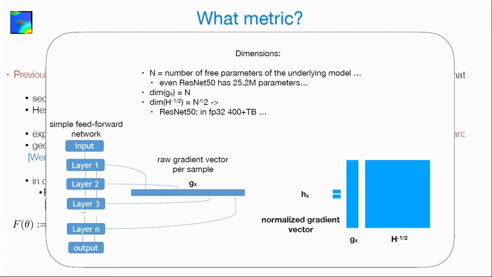So the ResNet 50, which is the small one, just imagine this is the small one, has 25 million parameters. And the dimension of the gradient will be 25 million. The Hessian will be that squared. So that means that we cannot even fit it on a typical machine. That's not even approximating it. We cannot even calculate it and store it.